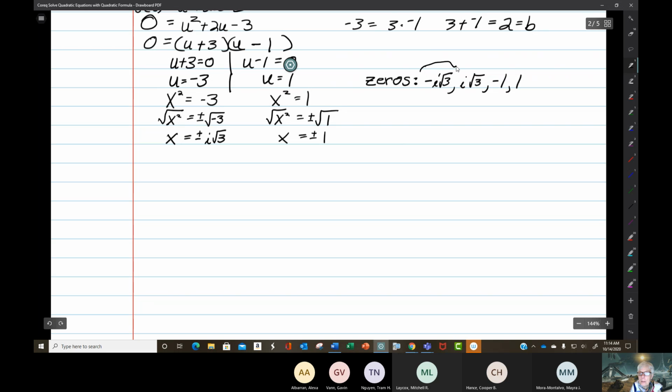These complex numbers that live in the complex number system, we talked about that on Monday.